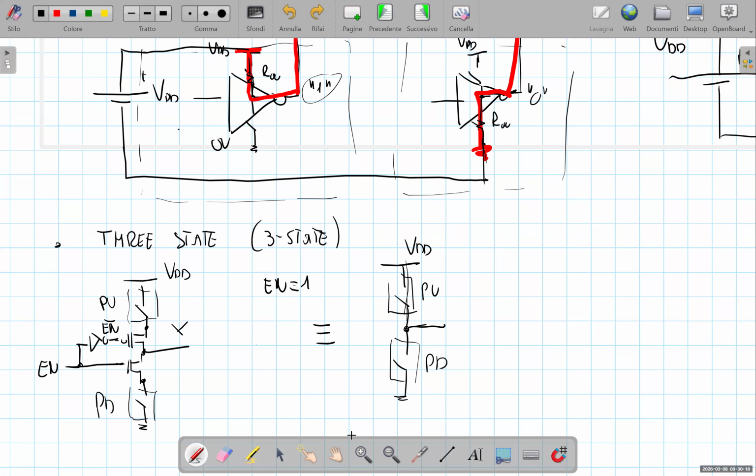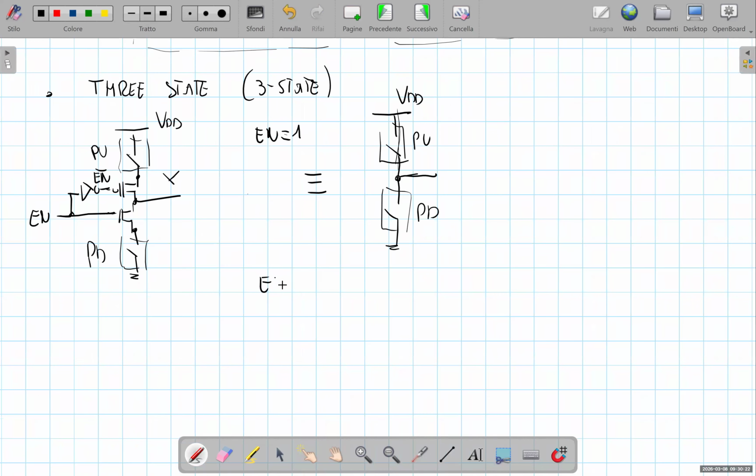On the other hand, if the enable signal is 0, so if the enable signal is at the low logic level, we have that the three-state gate, basically both the pull-up and the pull-down network of the three-state gate are disconnected from the output by two open circuits.